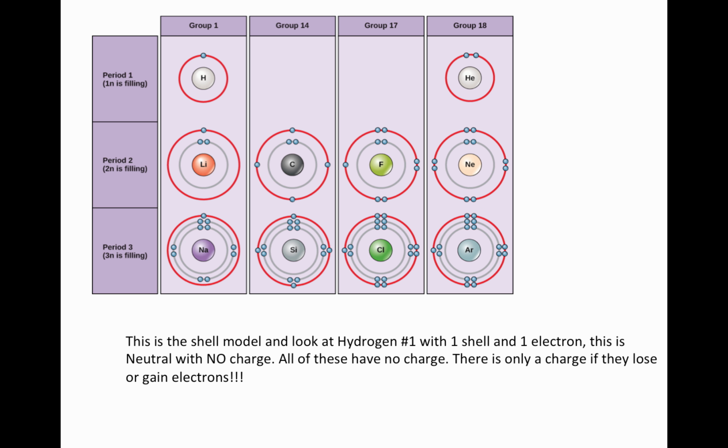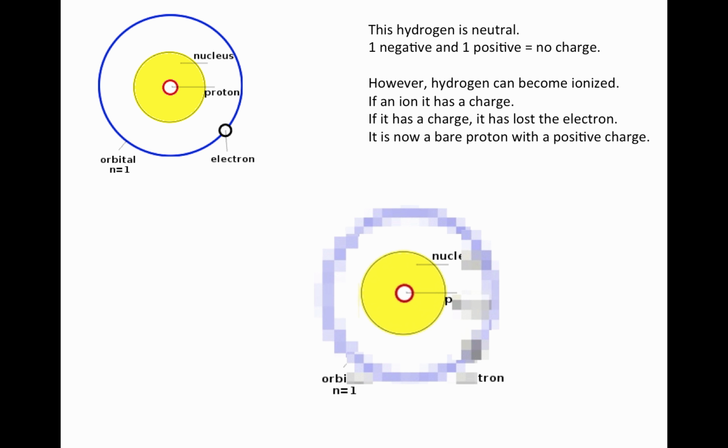Now, for ions to exist, they lose or gain electrons. And hydrogen can lose that 1 electron very easily. And it's considered then a bare proton. I tried to draw it here. You can see this is hydrogen. It doesn't have a neutron in the nucleus. It's got a proton. And then the shell orbital has 1 electron.